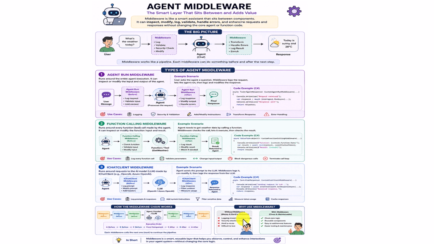As I mentioned earlier, why use middleware? Middleware is useful for clean code logic, reusable components, easy to add or remove features, and easier testing and maintenance. Let's move on to our Visual Studio and write three middleware: agent, function, and chat client middleware.